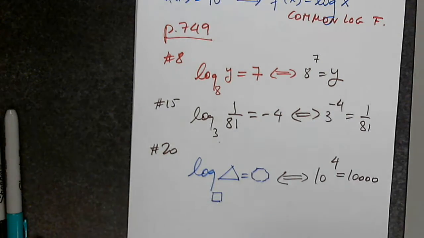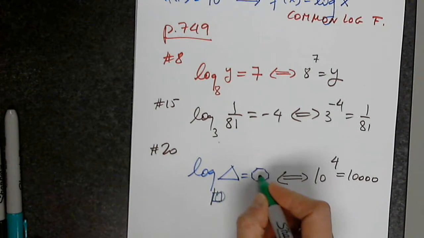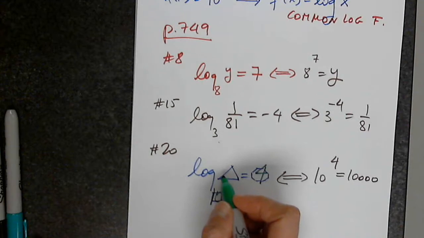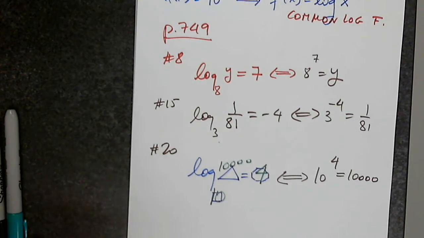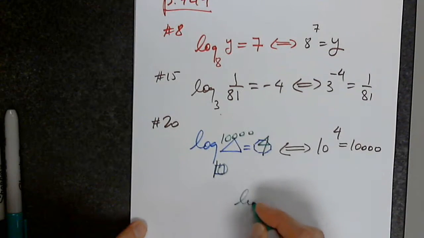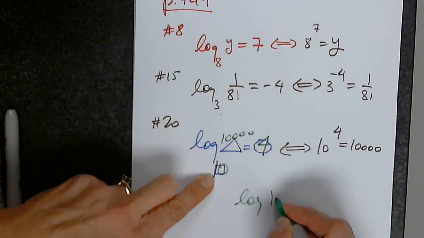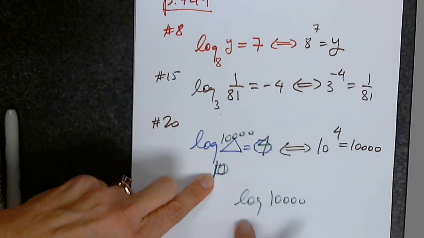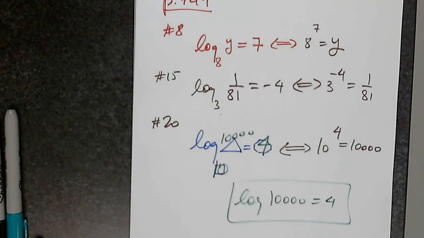So what will this be? What can this be? So now you can rewrite log, because base 10 by convention we don't write. 10,000. So common log 10,000 is 4. As long as you keep it in the same order, you will never make a mistake.